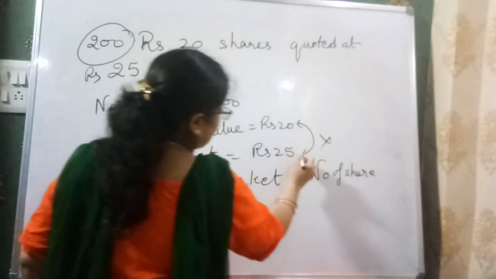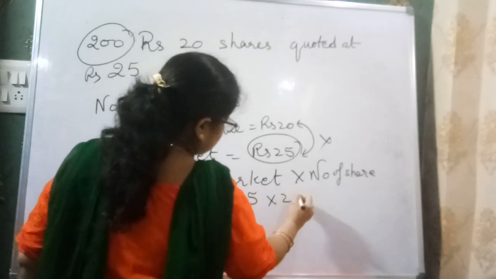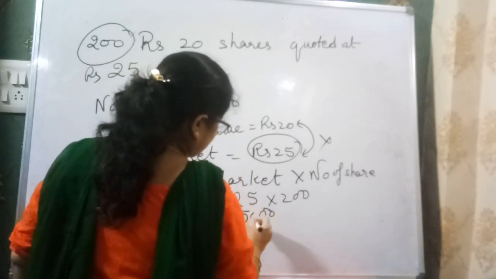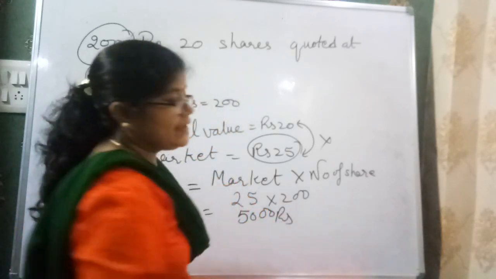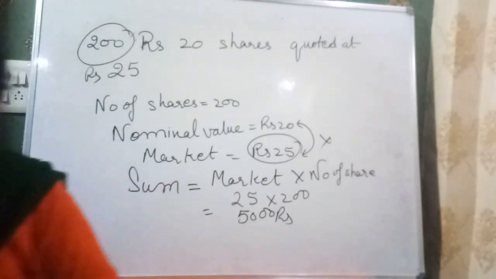Now what is the market value? That means 25. And the number of shares is 200. That means we have 5,000 rupees. I think this concept is clear to you, and I am shifting to another topic.